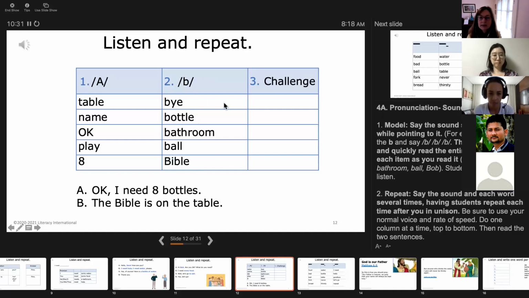And so also remember, we're just focusing on this particular sound. And so if they're having trouble with other adjacent sounds in those words, we don't need to correct that right now. We're just making sure that they're saying the B part of the word. And we can recast it if they're not saying it quite right.